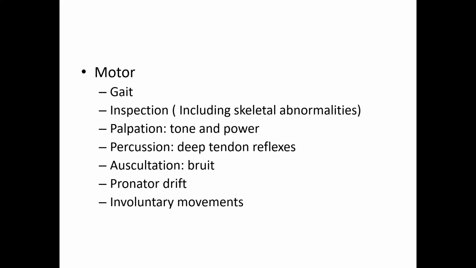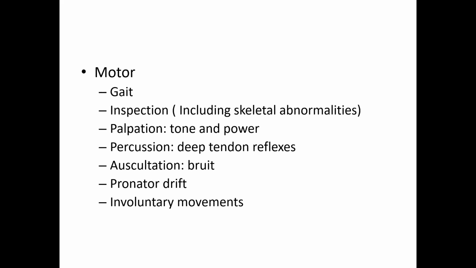Okay, and in every examination, like cardiovascular or respiratory or GI, what do you do? Inspection, palpation, percussion, auscultation, right? So the same for neurology. You observe the gait and you inspect skeletal abnormalities, or you inspect muscle wasting.